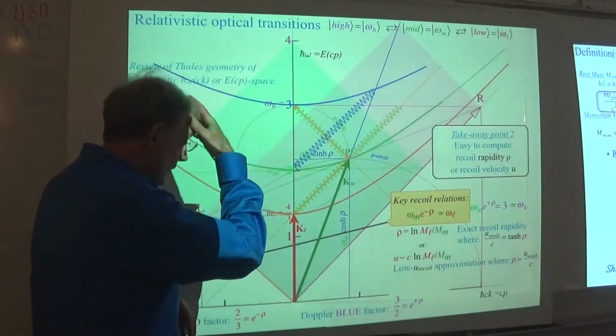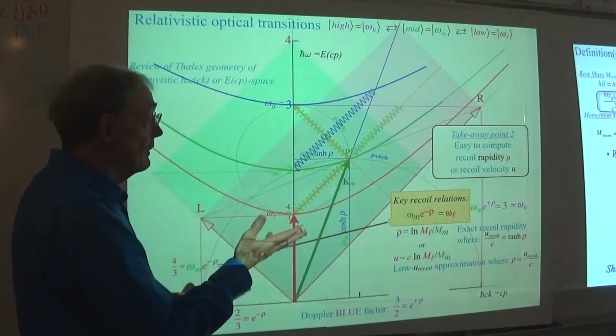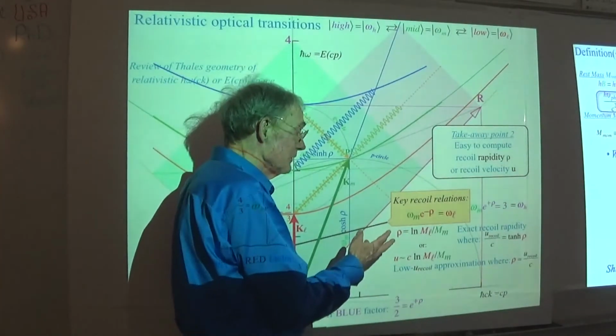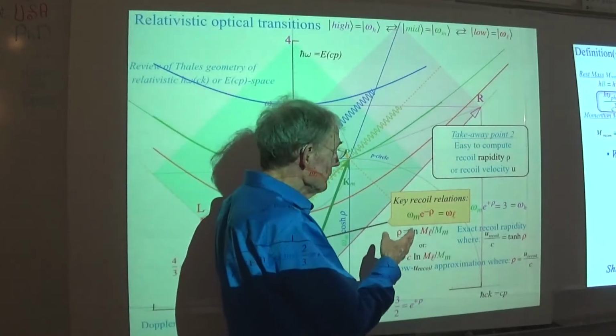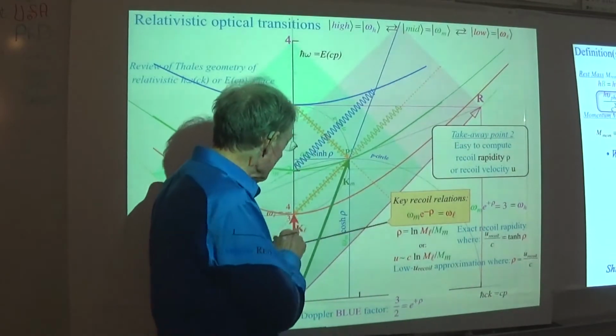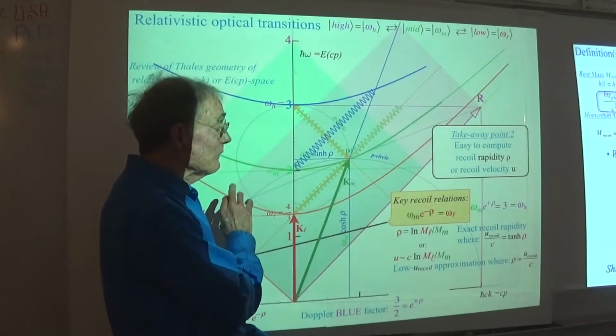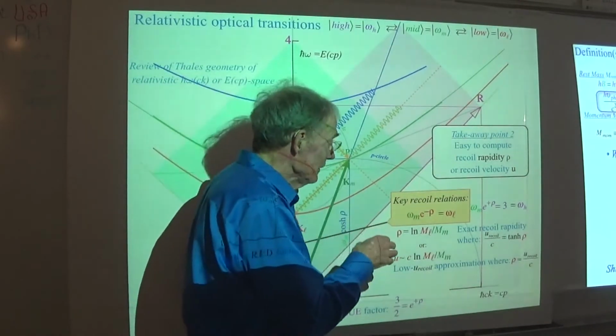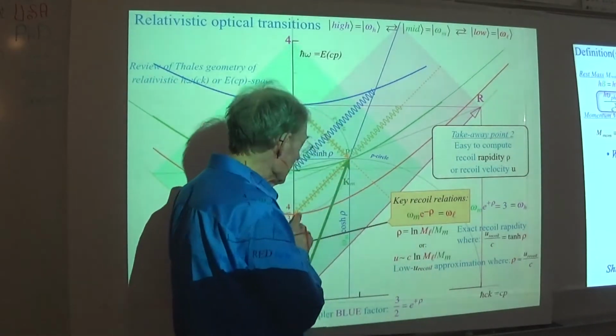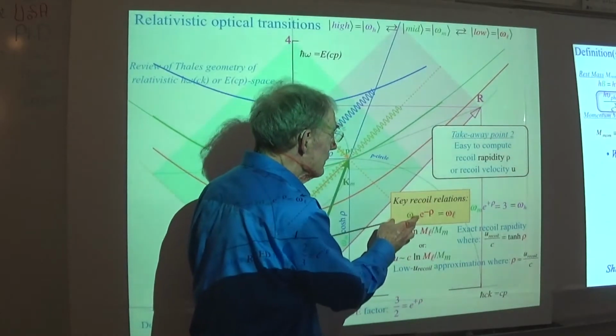I need to know the basic frequency, the mc squared frequency, of the two objects. The red object is the lower one, and the green object is the higher one.